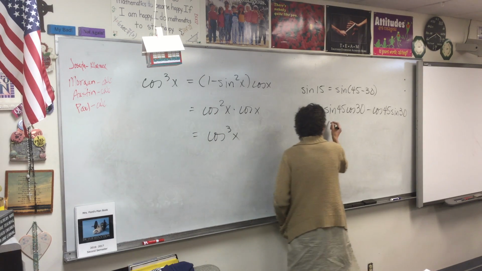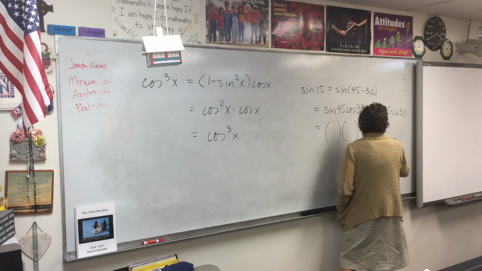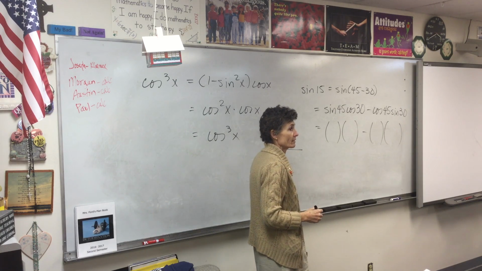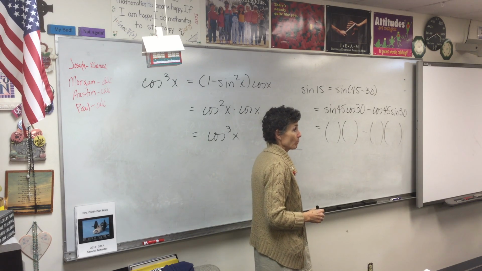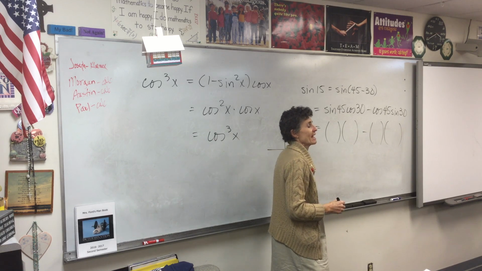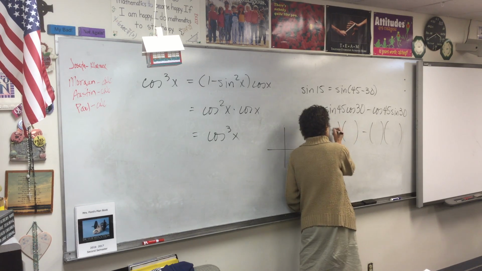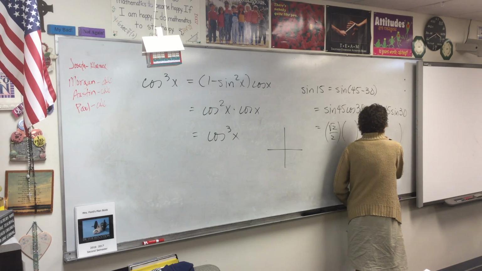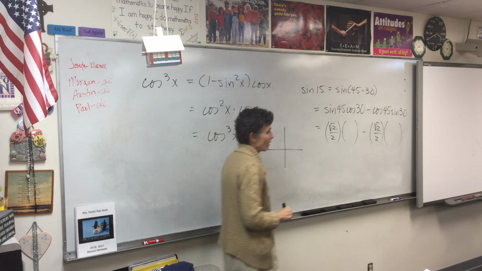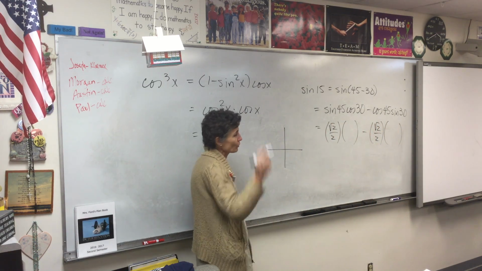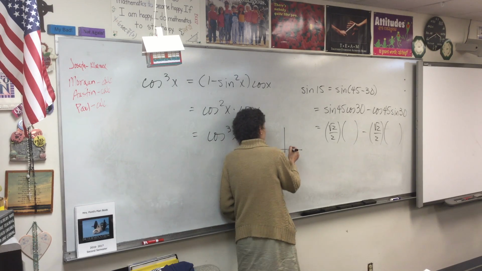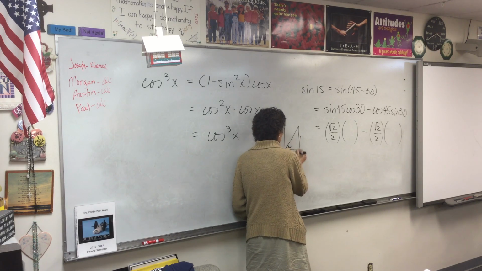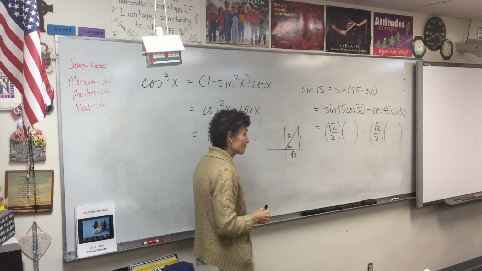I need to plug some numbers in here, and these numbers are going to come from my special triangles, right? Brenton says we have done this ad nauseum. I know that the sine of 45 is root 2 over 2, and the cosine of 45 is root 2 over 2. I don't need to draw that one. Now, he may also have the 30s memorized, but I suggest you go ahead and draw that one so you don't get them mixed up.